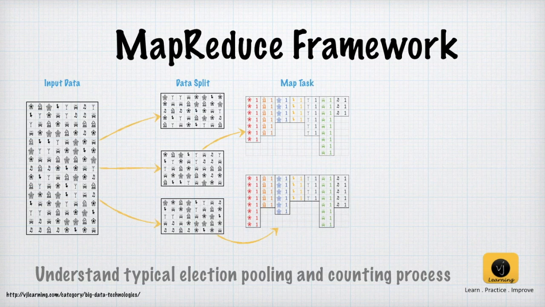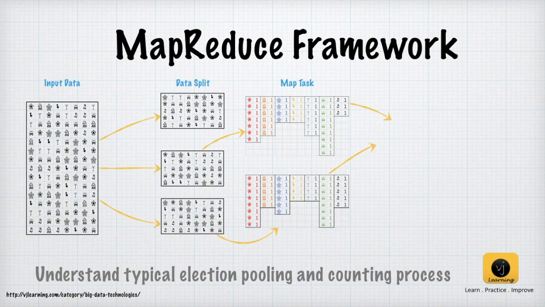The primary thing we need to understand here is that a map task is a common task that can be executed across different data splits. It cannot be different programs. It has to be a common program that is applicable across all the splits. Once we have this split, it doesn't make any sense by itself, because I have to club them together and make them a large data set.